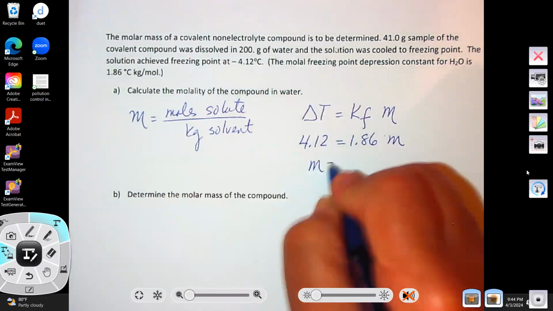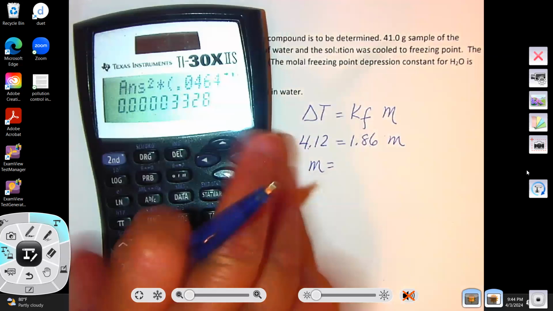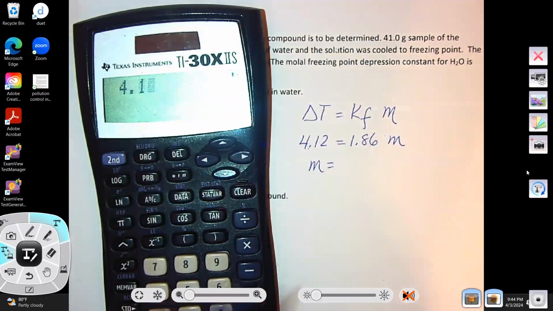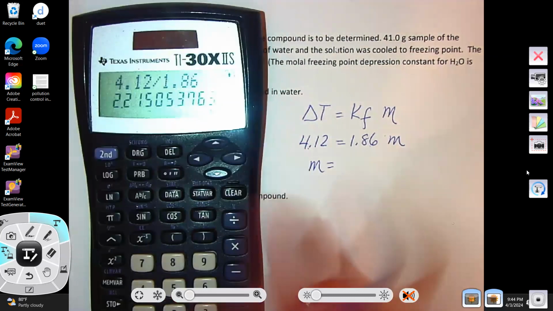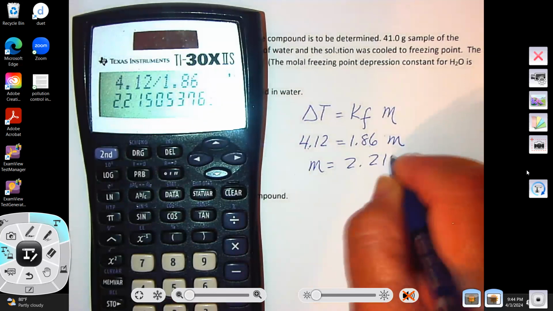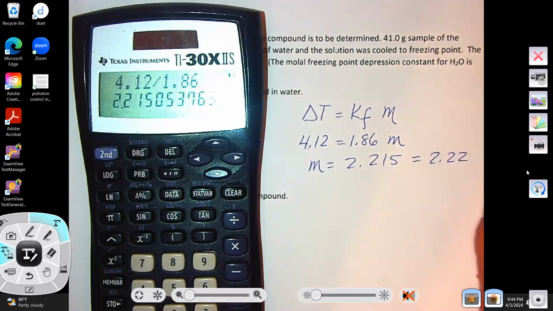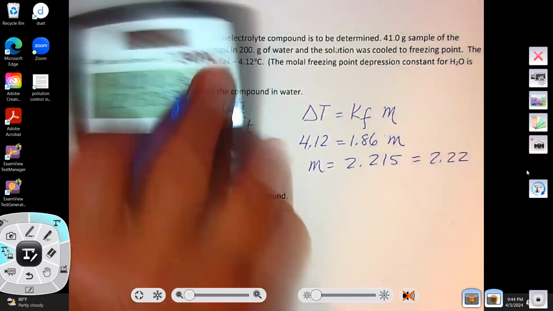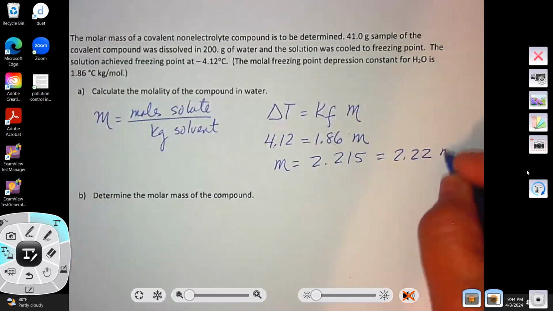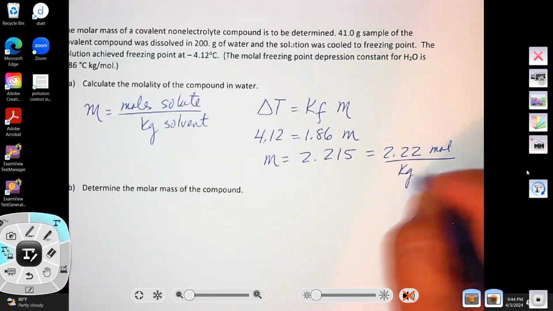So your molality is going to be 4.12 divided by 1.86, which is 2.215. I'm going to round this to 2.22. And that is, remember, moles of the solute divided by kilograms of the solvent.